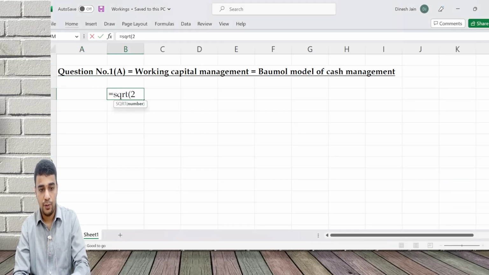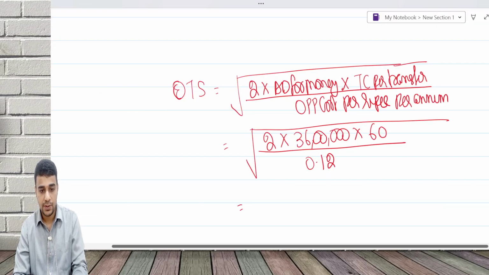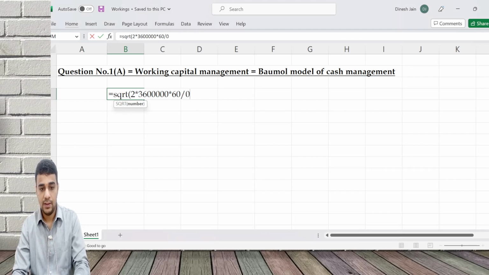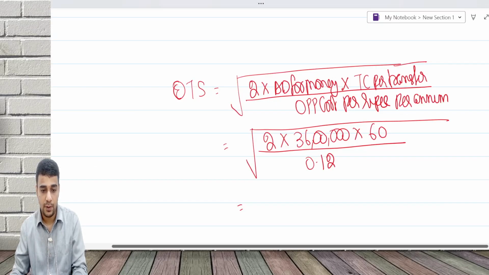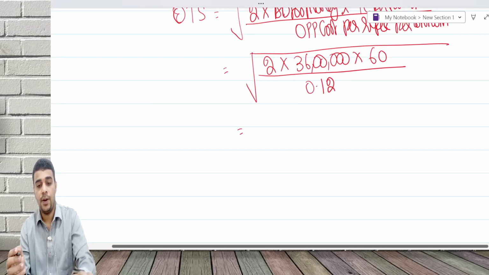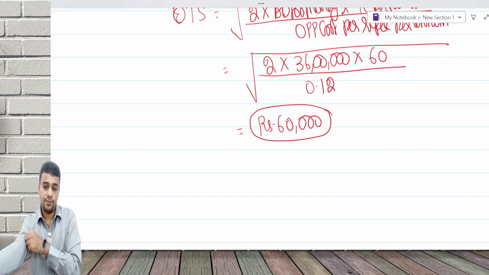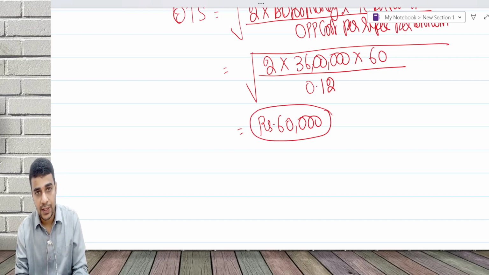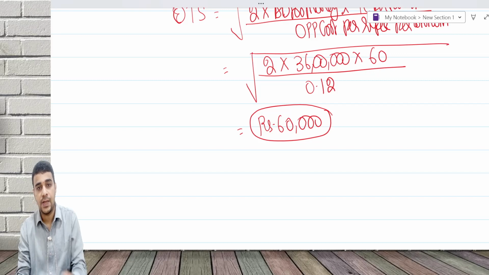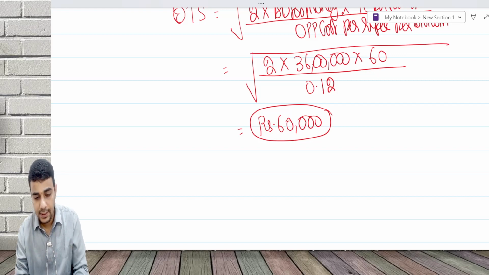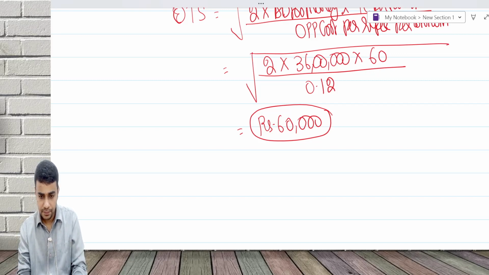Square root of 2 into 36 lakhs into 60 divided by 0.12. Optimum transaction size is rupees 60,000. This is not the average cash balance. This is the optimum transaction size, like EOQ.